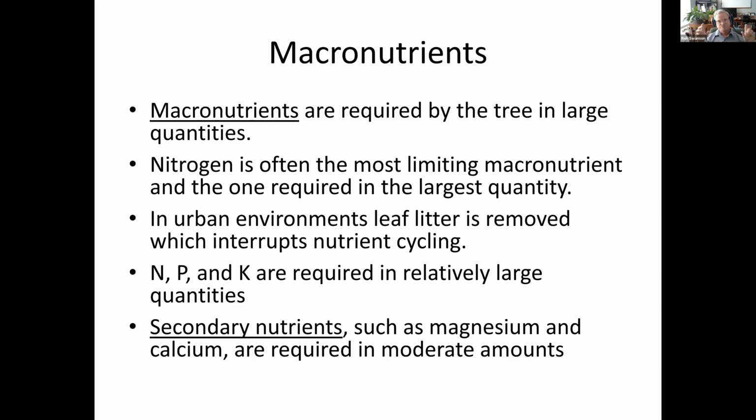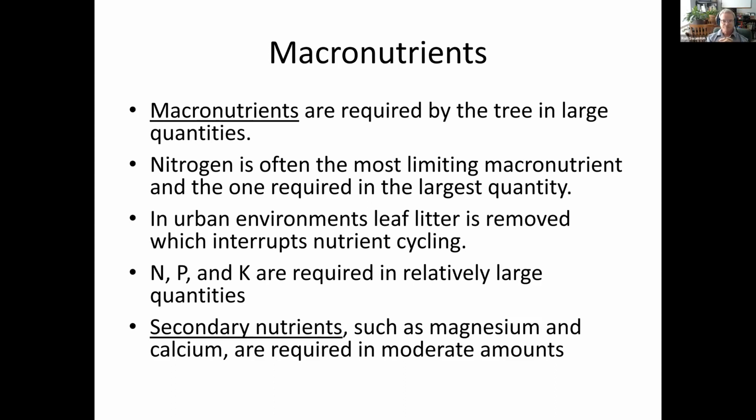So nitrogen would be like eggs in a cake mix. If you only have 2 eggs, it doesn't matter how much flour you have or sugar or butter or any of that stuff. It doesn't matter because you're limited by only having 2 eggs. That's kind of how nitrogen works. If nitrogen's not there in sufficient quantities, everything else begins to shut down and doesn't happen.